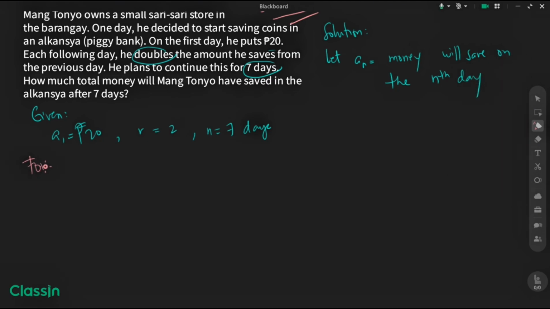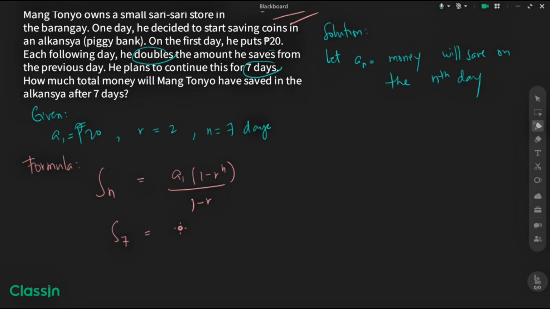The formula: S sub n is equal to a sub 1 times 1 minus r raised to n, all over 1 minus r.